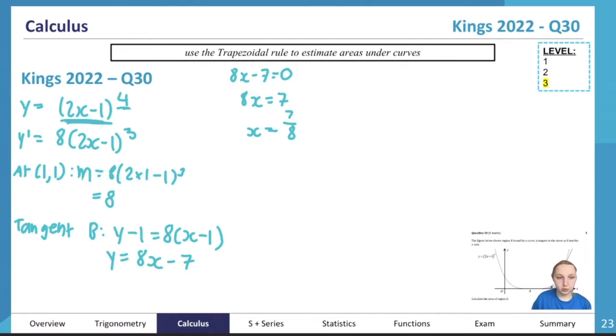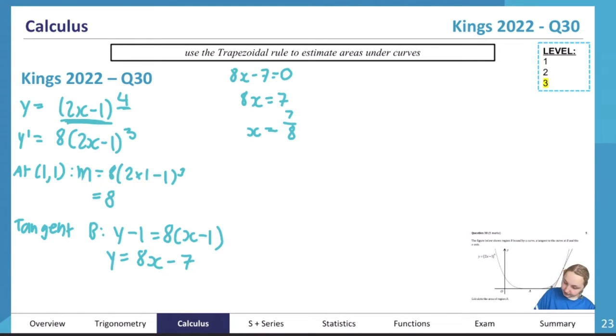To find the area of the triangle, we do half the base times the height.